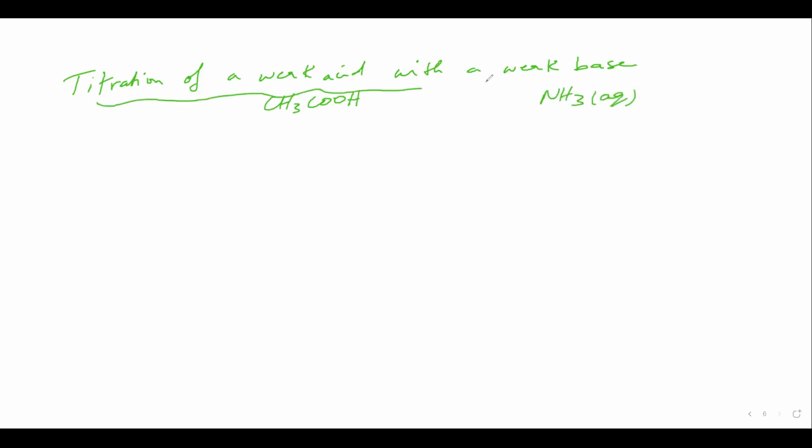So we have a titration of a weak acid with a weak base. We also place the weak base in the beaker or conical flask, and we add the acid from the burette. And then we want to plot the curve between the pH and the volume of acid added.